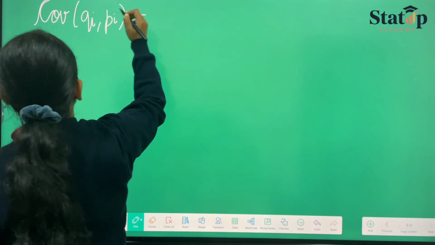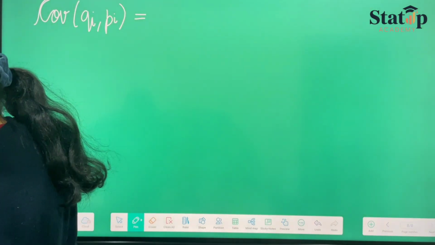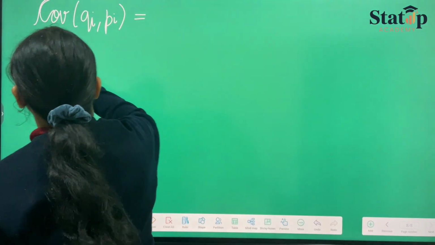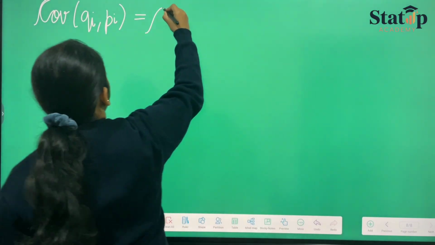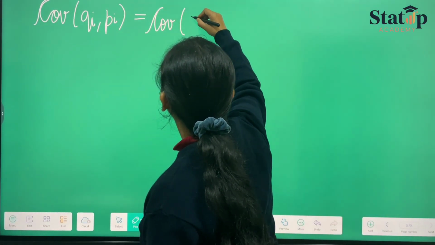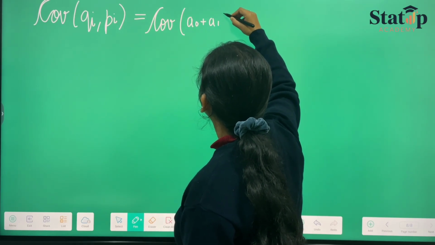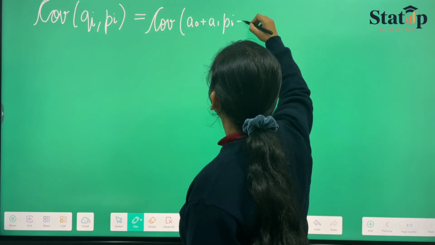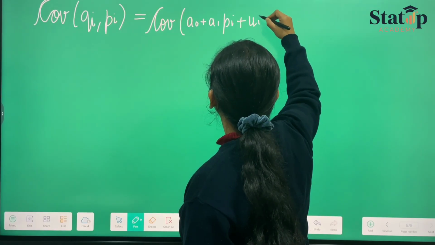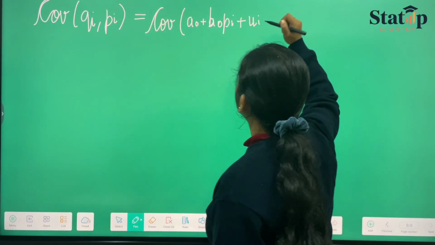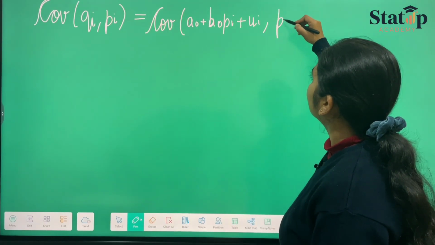Now Qi can be written in the form A0 plus B0 Pi plus Ui, and Pi.